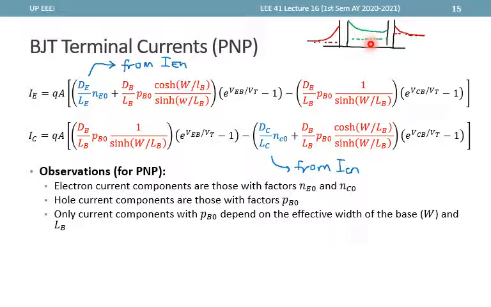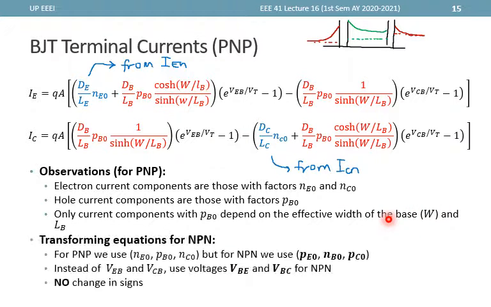Now, only current components with PB naught depend on the effective width of the base W and LB. So we have W and LB for these red terms here, the ones for the base, but not for the terms related to the emitter and the collector, since W is the effective width of the base. And therefore, controlling W will only affect these factors, but not these two factors here.